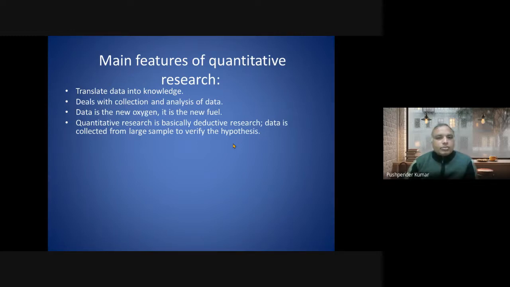Quantitative research is basically deductive research. Data is collected from a large sample to verify the hypothesis. Whatever data we collect is to prove or disprove something. And what is that? Data represents some value, but what is it going to approve and disapprove?